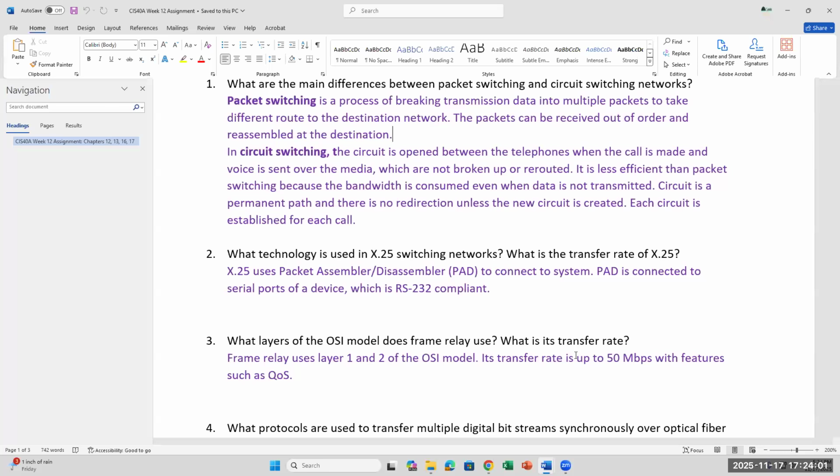So 1 and 2 are the layers for number 3. And the transfer rate is up to 50 megabit per second if you're using digital X25 and QoS, right? So we want to maximize the bandwidth by using quality of service. We talked about that a couple weeks back.